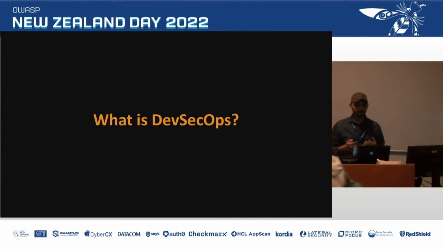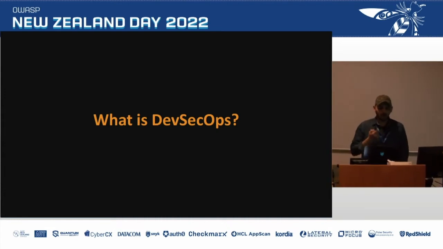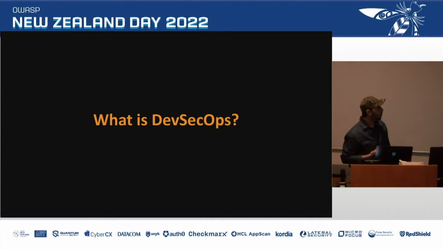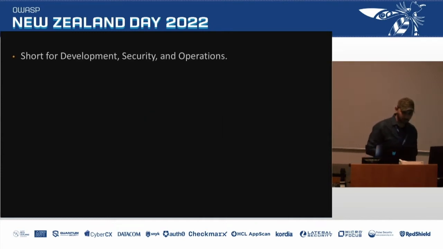So just to get things started, what is DevSecOps? Why do we need to do this and what is this in the first place? Well, it's short for Development, Security, and Operations.